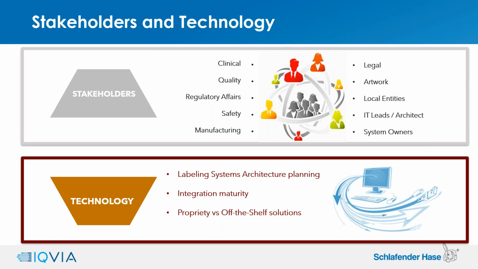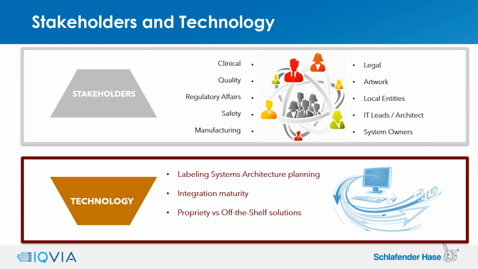Product information is collected from clinical and quality and safety. Regulatory generates content and it manages submissions and communicates authorizations. Content is distributed for artwork and marketing, and labels are actually printed for containers, for packaging. And at the same time, even legal scrutinizes the wording that goes out to limit their liability.